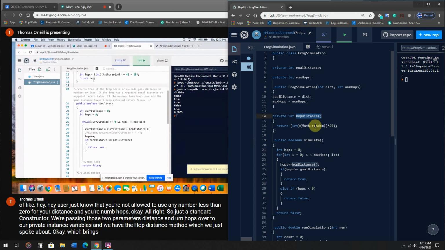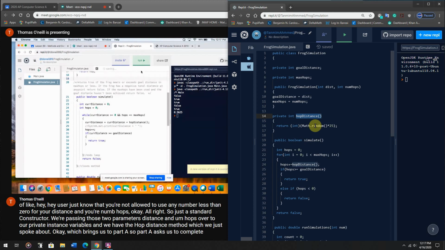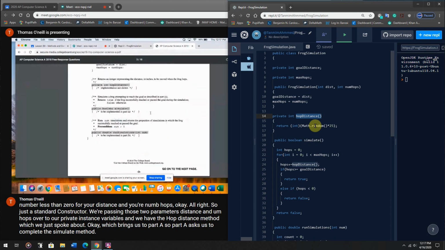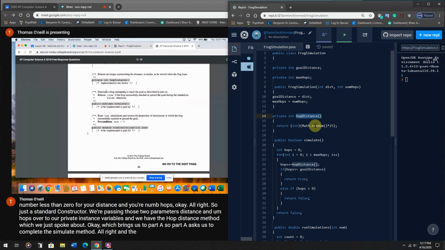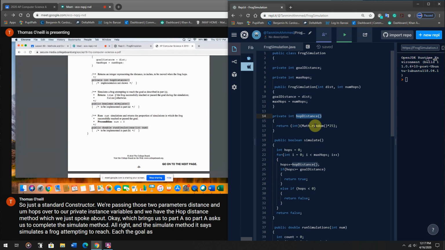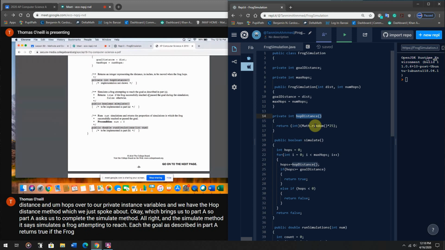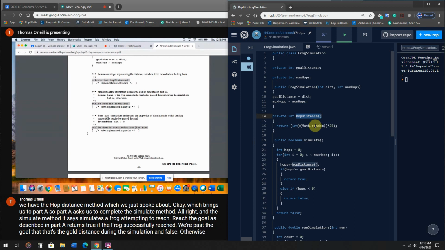Which brings us to part A. So part A asks us to complete the simulate method, all right? And the simulate method, it says, simulates a frog attempting to reach the goal as described in part A. Returns true if the frog successfully reached or passed the goal, that's the goal distance, during the simulation, and false otherwise.